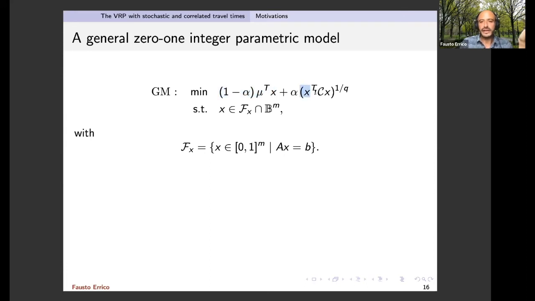And the other one is more related to the interaction of the random variables. The approach that we propose is actually valid for this kind of objective function, where, as I'm going to say in a second, q could be 1 or 2, and the domain is linear, with x in 0, 1.